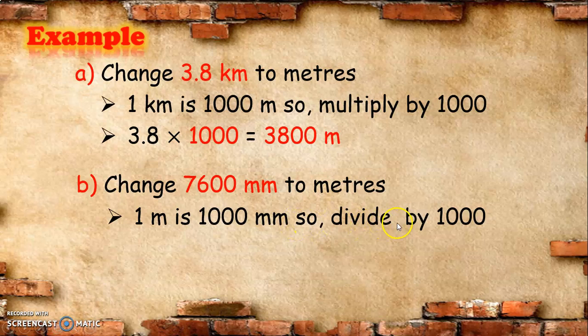It means we need to divide by 1,000 to change millimeters to meters. So 7,600 divided by 1,000 is equal to 7.6 meters.